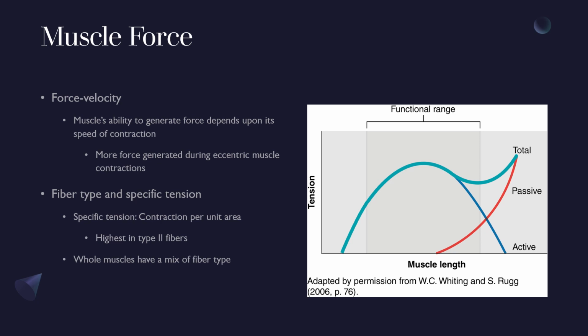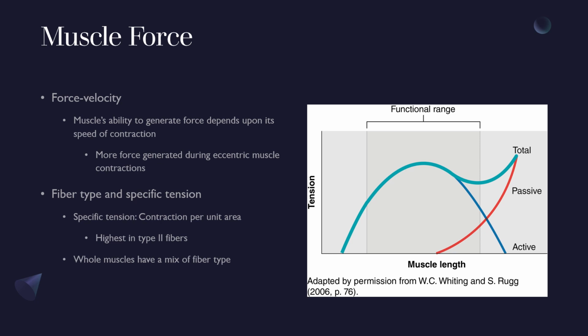In concentric muscle contractions, the muscle shortens as it generates force. The force-velocity relationship states that as the velocity of shortening increases, the maximum force that the muscle can produce actually decreases. In simpler terms, as the speed of muscle contraction increases, the force it can exert decreases.